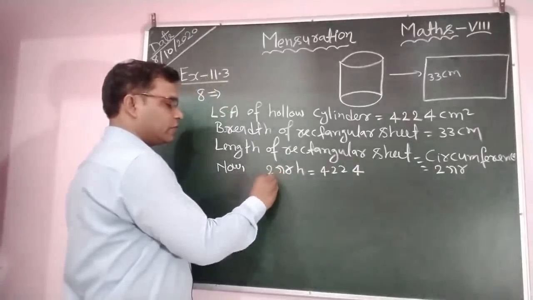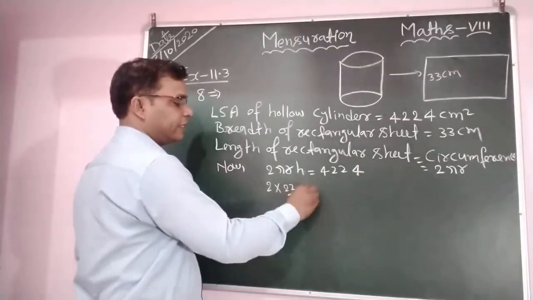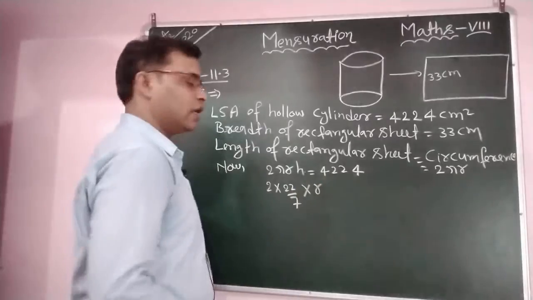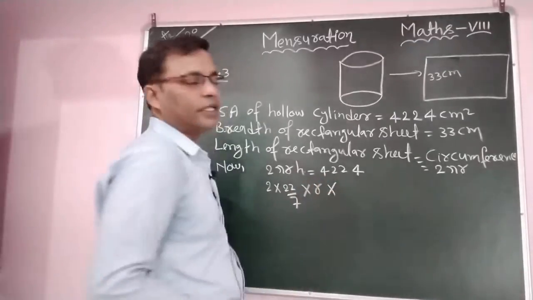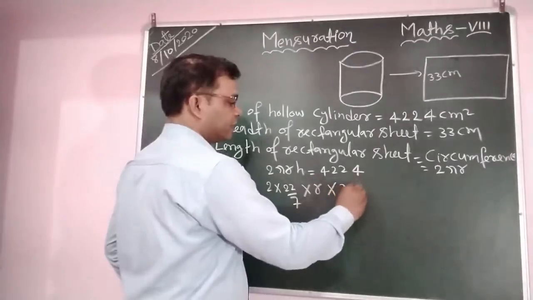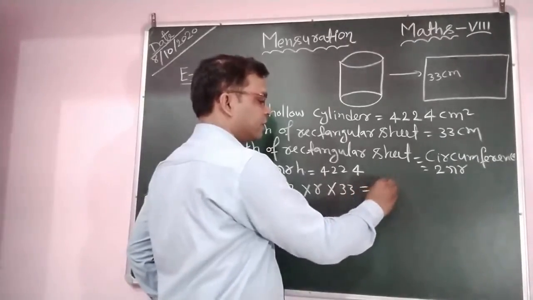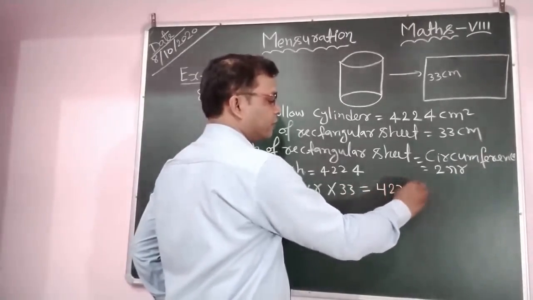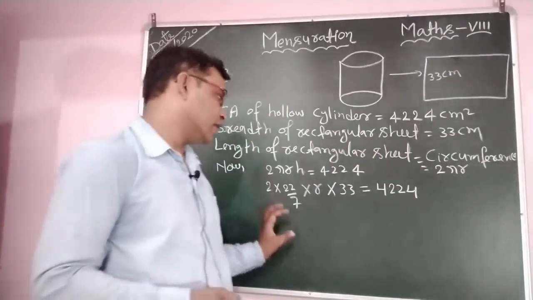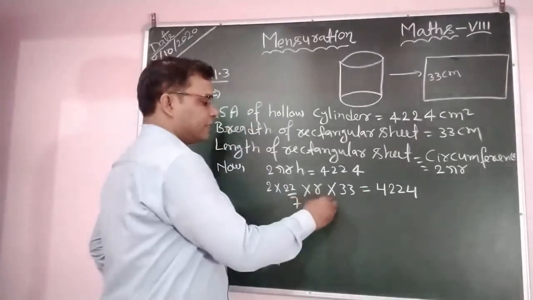So 2 into pi, which is 22 by 7, you know very well, and the radius we need to find, so we write radius as r, and height is the width of the rectangular sheet, equal to 33 centimeters, and here you can write 4224. Clear?